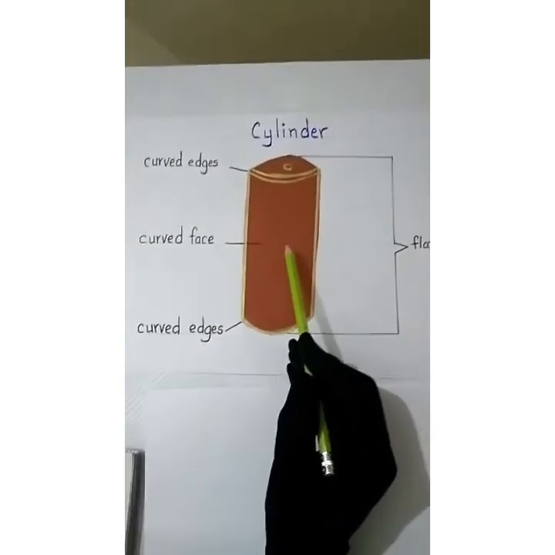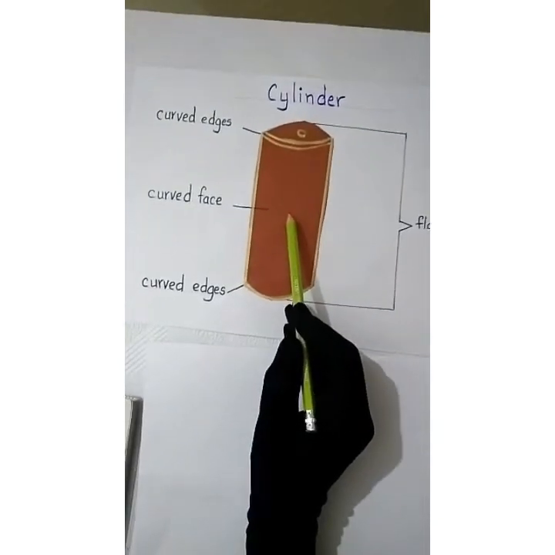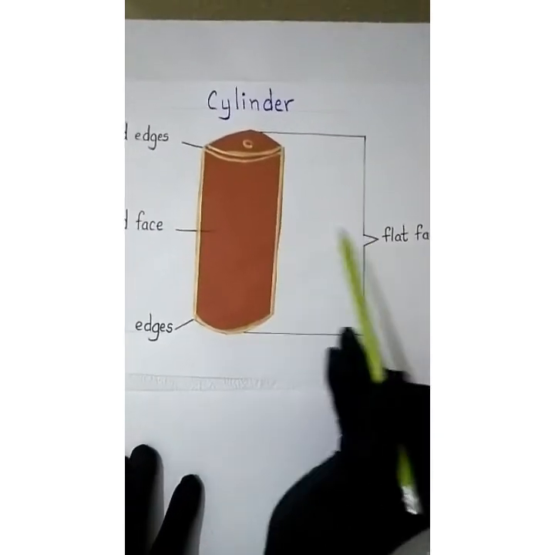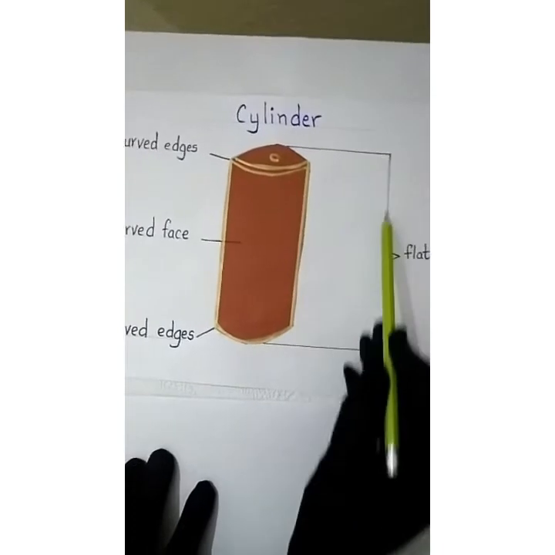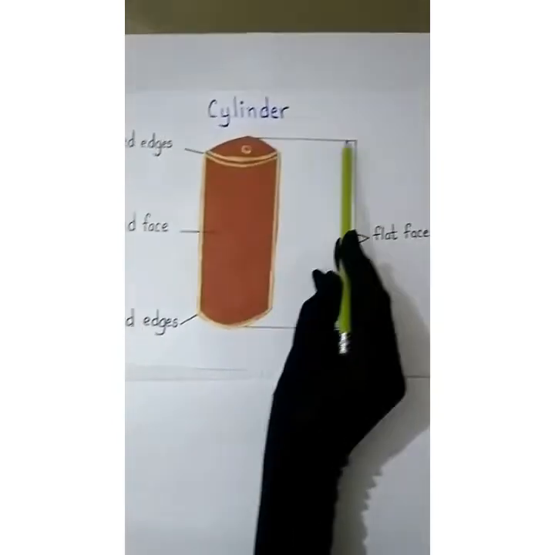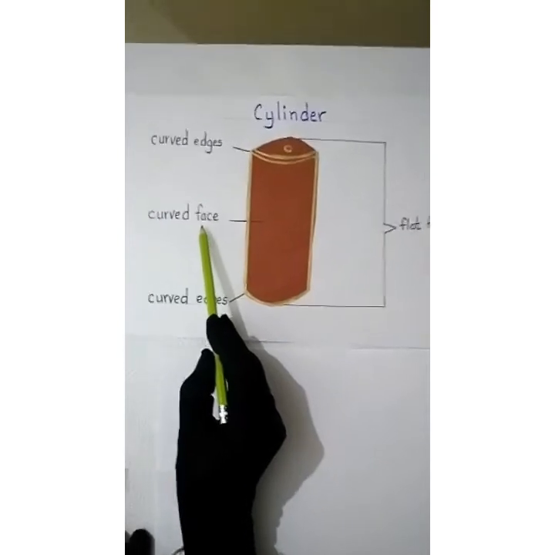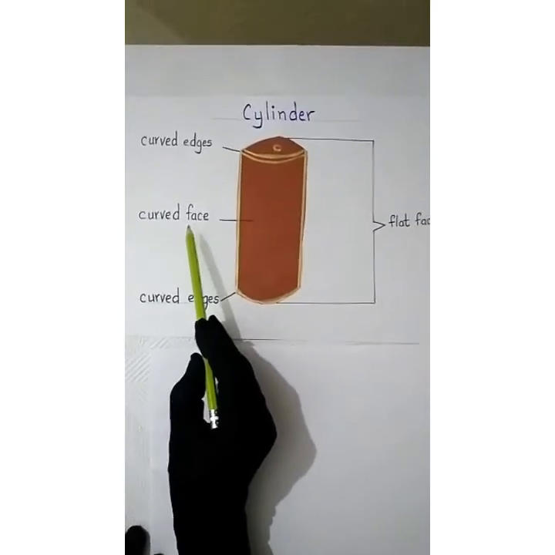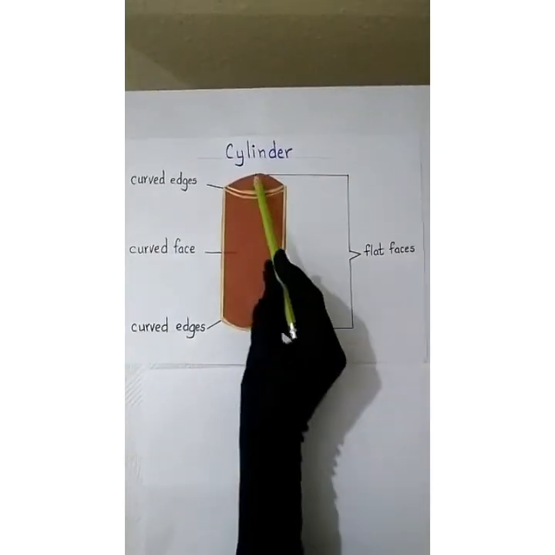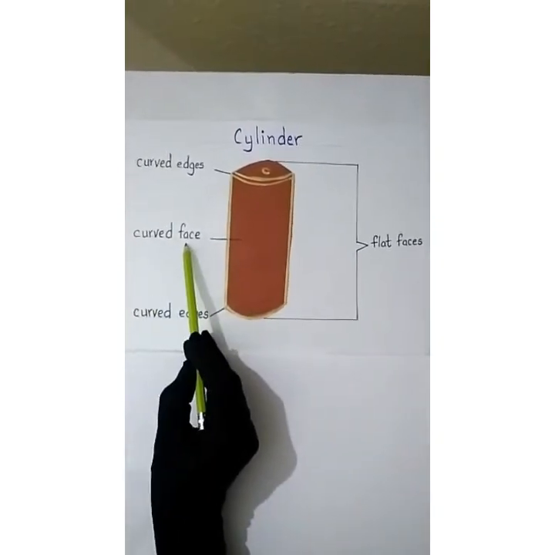Now, look at this shape. It is a cylinder. It has 3 faces: 2 flat faces and 1 curved face.